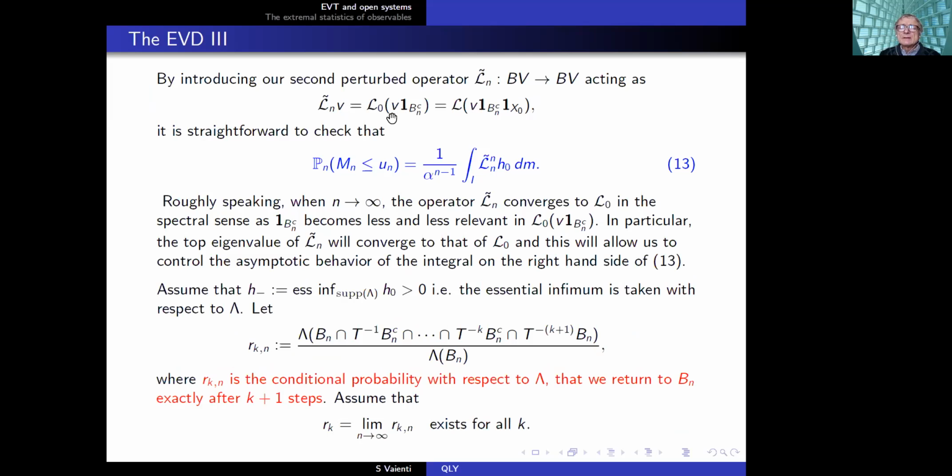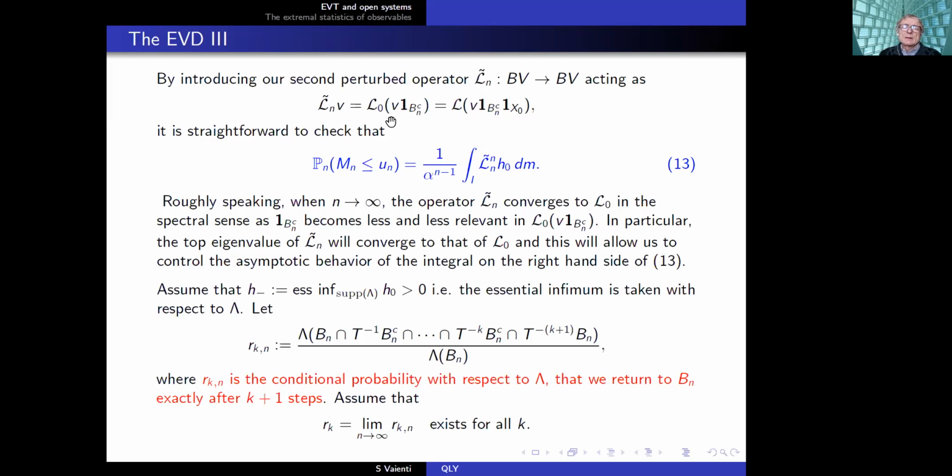This is the second perturbative operator. If we use the second perturbed operator, it is straightforward to check that this distribution, in terms of this new perturbed operator L tilde, is given in this way.